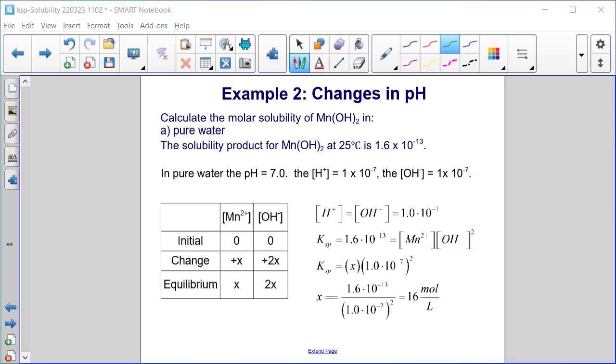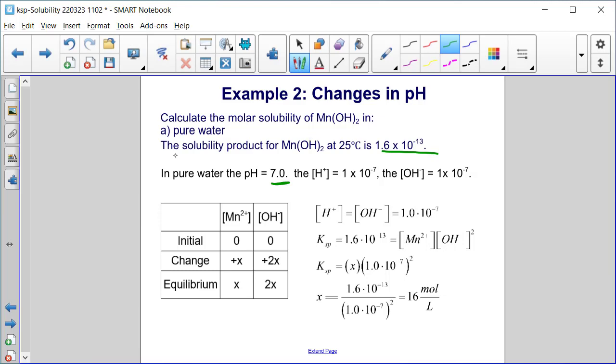In pure water, as we're asked to find in part A, the pH is 7, and the hydrogen and hydroxide ion concentrations are 1 times 10 to the minus 7. The KSP is equal to 1.6 times 10 to the minus 13, and it is the concentration of the manganese ion at equilibrium times the concentration of the hydroxide ion at equilibrium.